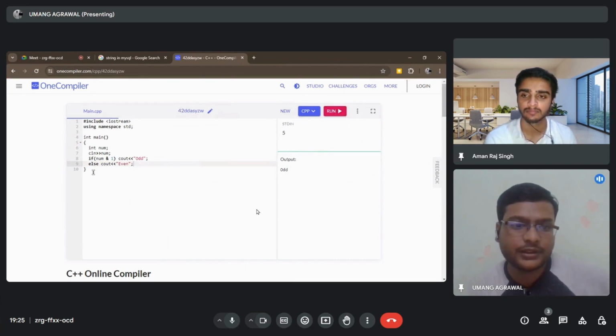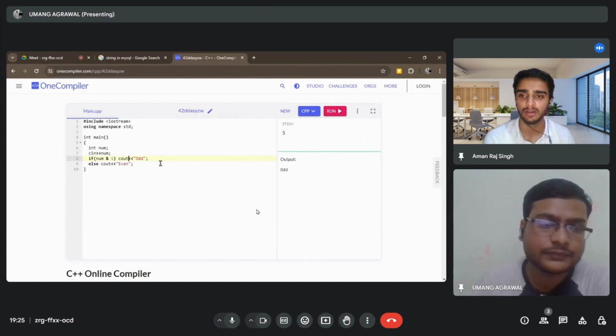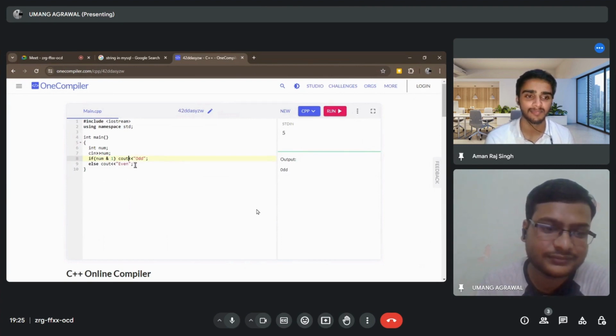Okay. So this is with bit manipulation. Now you don't have to use bit manipulation. Do you have any other approach?